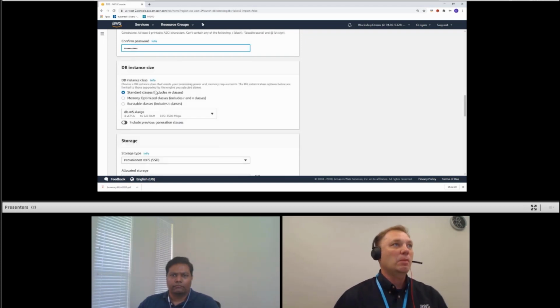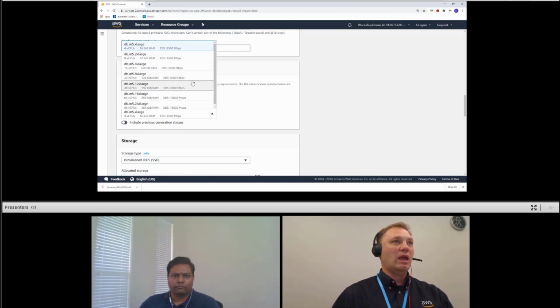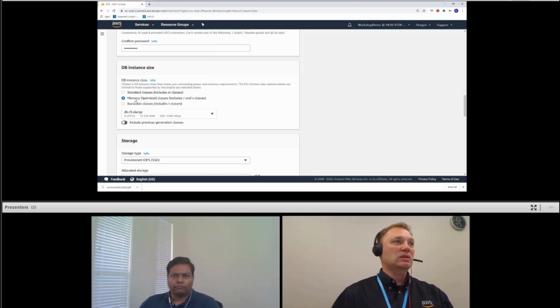And now we're coming up on the database instance size. As I mentioned before, a couple of different families are available. There is a standard class with our M family, and there are memory optimized classes such as R5, X1Es, and Z1Ds. So I'm going to go ahead with the standard class. I'm going to leave it at the default, M5 X large.